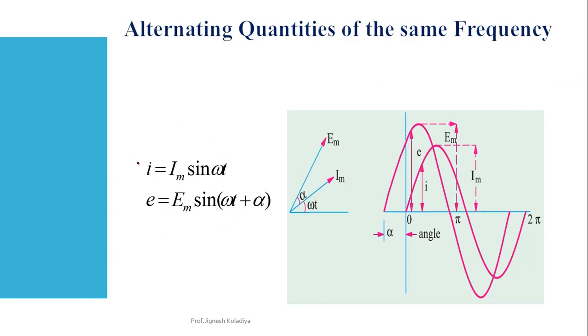Okay, can anyone tell me the relation between these two? If you see, in the current it is given Im sine omega t only, but voltage is given like this, Em sine omega t plus alpha. So what is the meaning of this?